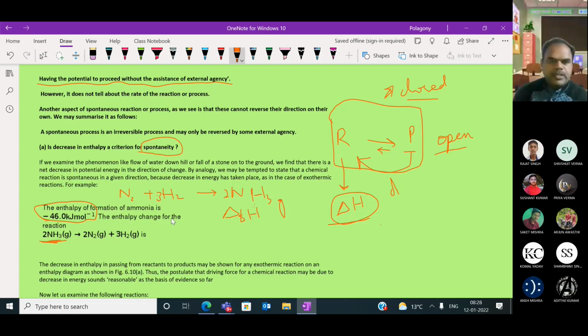Are you listening to me? This reaction, what I'm talking about here, is the enthalpy of formation with respect to 1 mole or 2 moles? The 2 moles. For 1 mole of enthalpy of formation, tell me the delta H value, how much could it be? Can you guess? So minus 23.